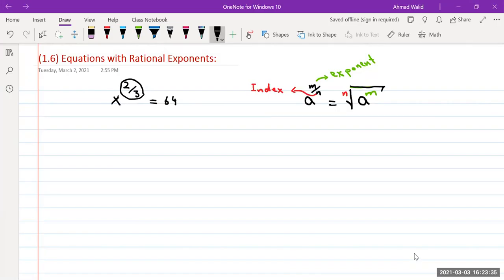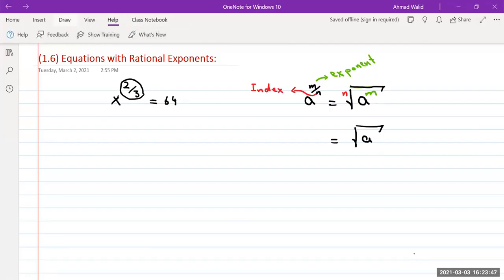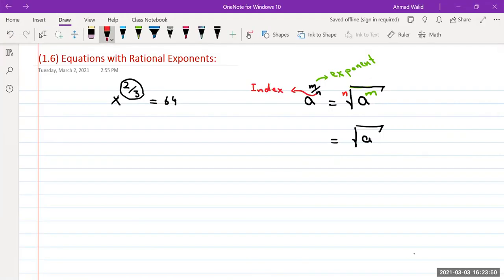Or sometimes we change this notation and do it this way. This can be written as the nth root of a, then you can put the power m all the way outside. Sometimes it's easy to use this one, sometimes it's easy to use the other. I'll tell you how.